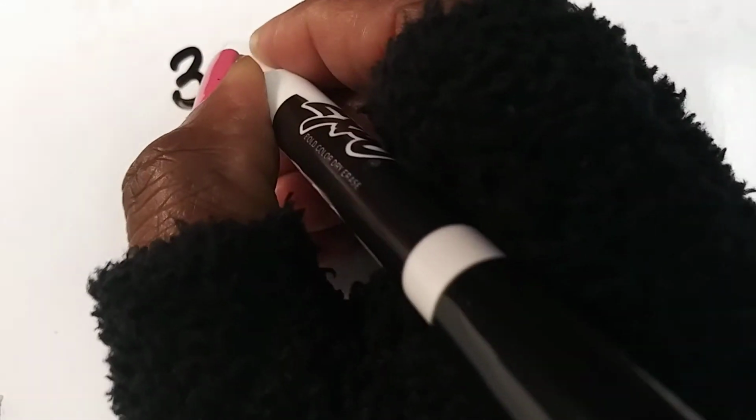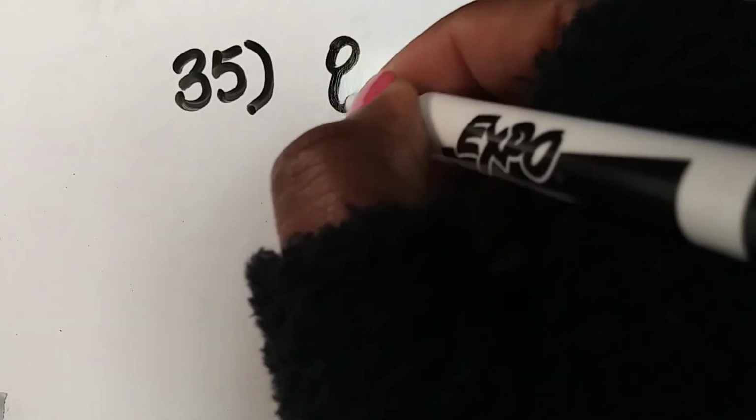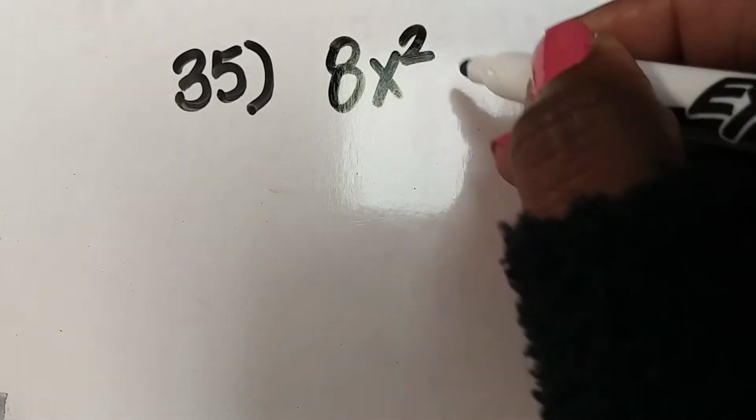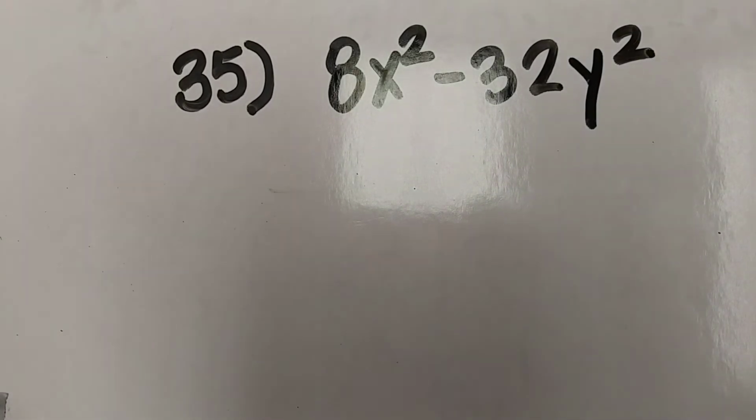35 says factor each polynomial completely. When I see that word completely, that's an indicator I'm probably going to have more than one step. Now, we talked about the new term. So far, we have talked about greatest common factor. We've talked about factor by grouping.